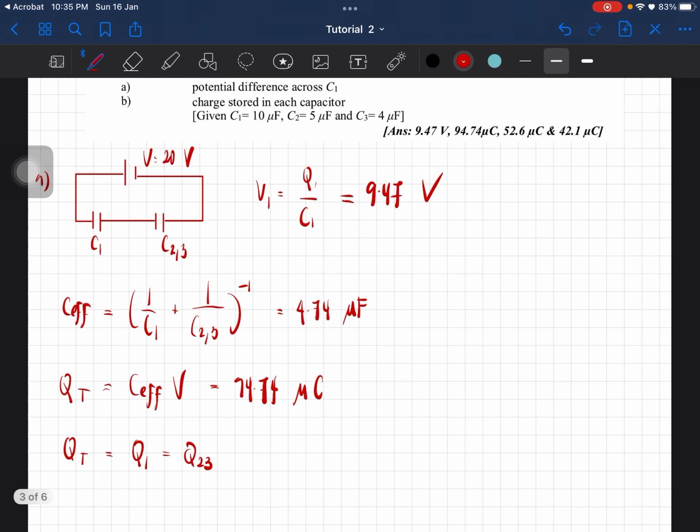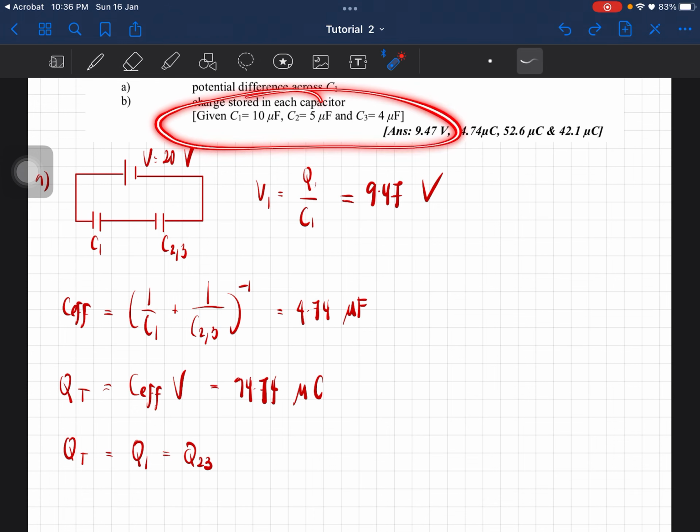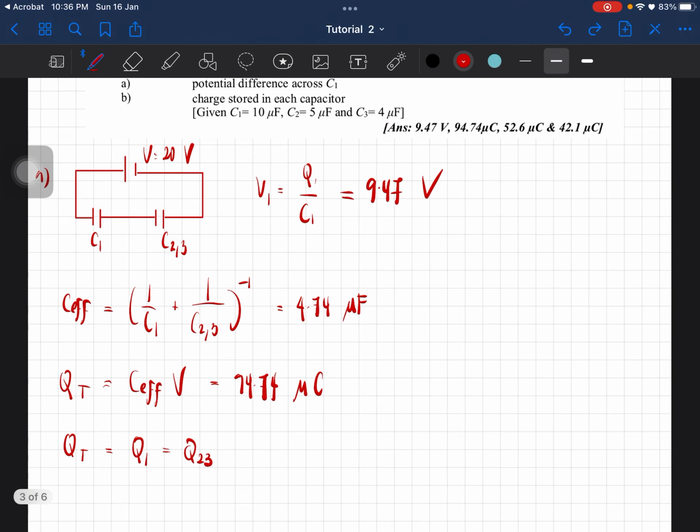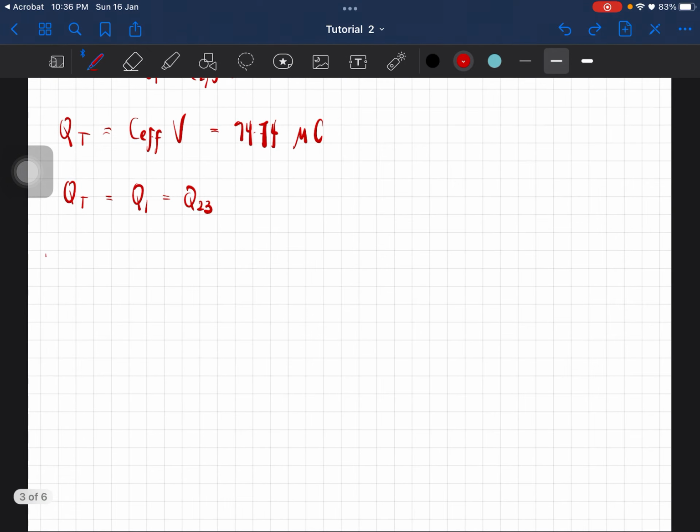Okay, so let's calculate question B. For C1 we need the charge stored. Okay, so for C1, Q for capacitor 1 is equal to the total charge, which is equal to 94.74 microcoulomb.